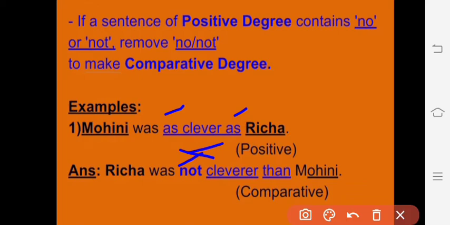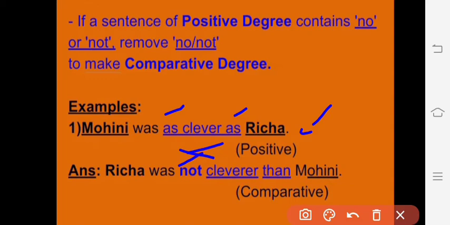Then you have to decide whether the sentence in positive degree is in an affirmative way, or having no or not. This sentence, example number 1, doesn't have no or not. It means it is in affirmative way.